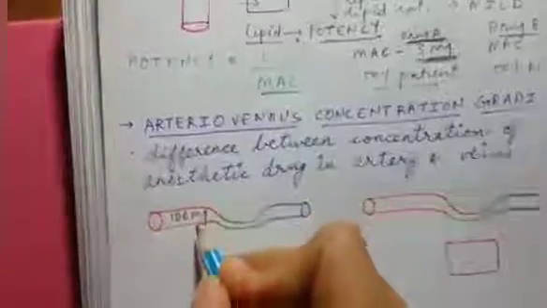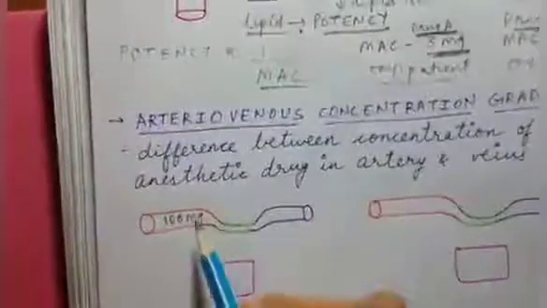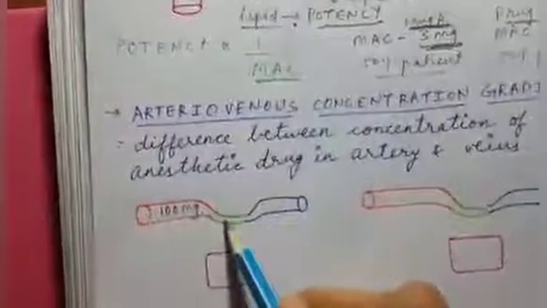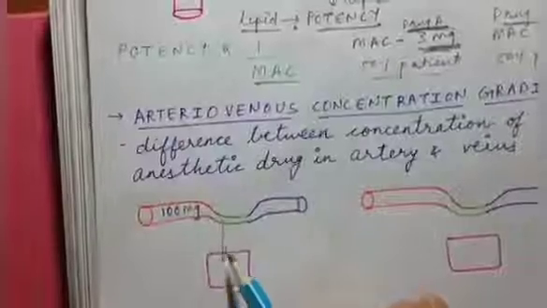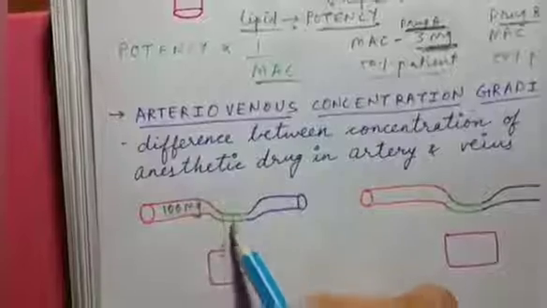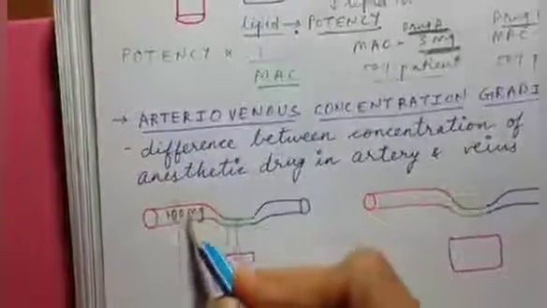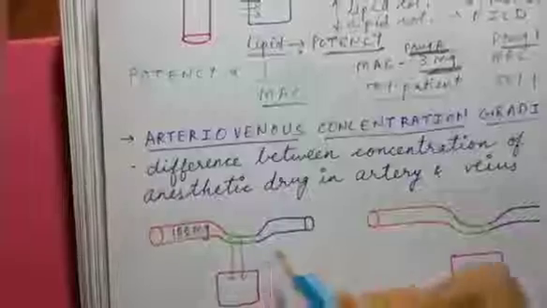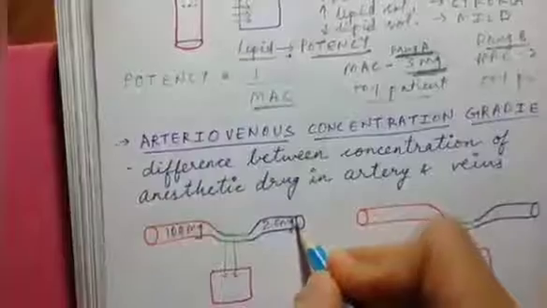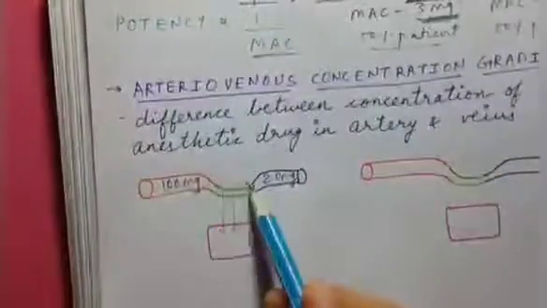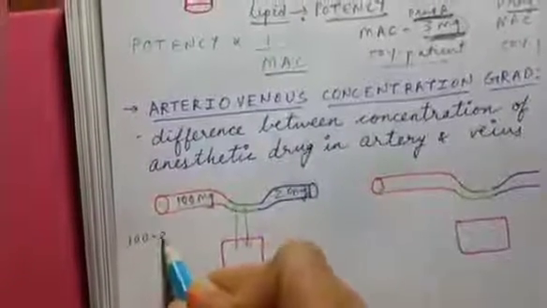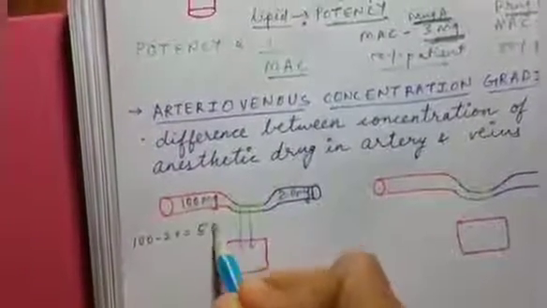Again the fake units, it's just for understanding. Now when it enters the capillary, it will be taken up by the tissue. Let's say after the tissue takes up the anesthetic from the capillary, 20 milligram is left in the vein. So what will be the arteriovenous concentration gradient here? It will be 100 minus 20, that is 80.